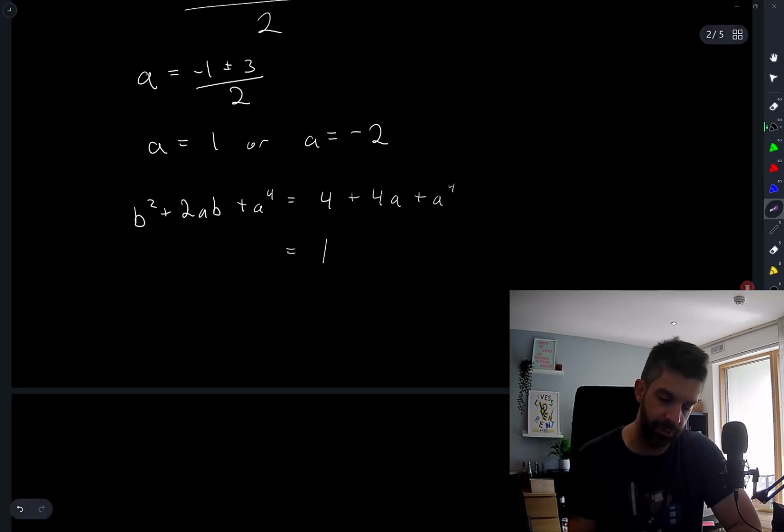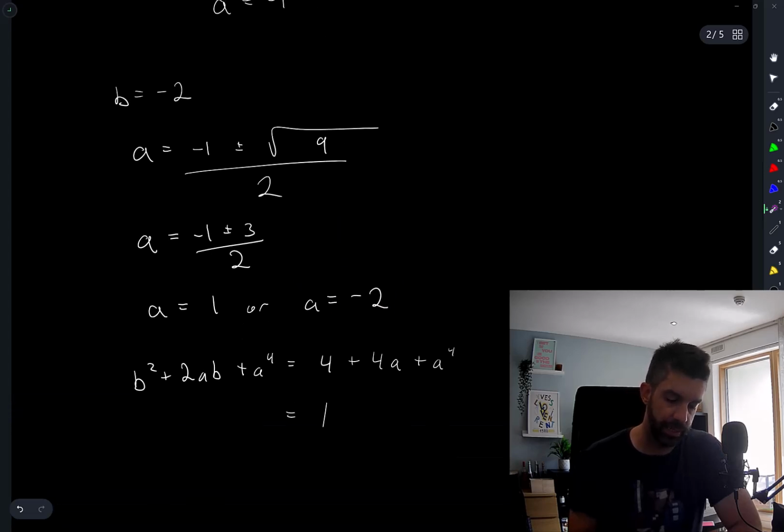And if a is equal to negative 2, it doesn't work, but we don't need all the values of a to work. We just need to find which values of b actually work here. Yeah, when a is equal to negative 2, this is going to be a large positive number.